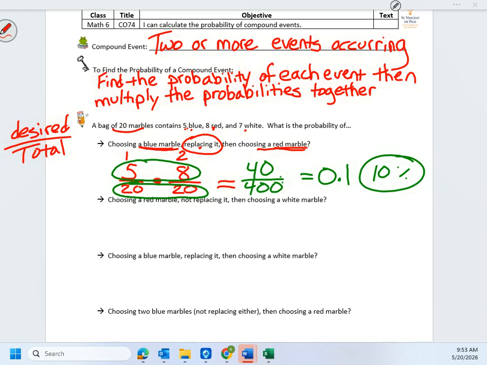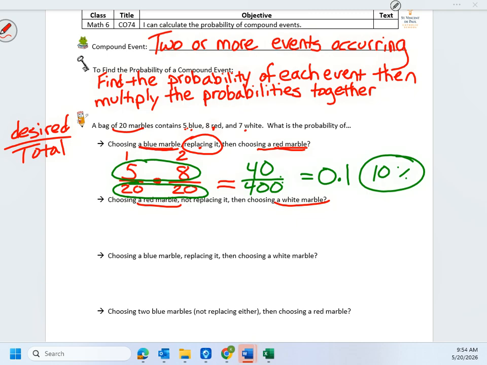Jackson, tell me what events there are. The red marble, the white marble. And that's it. Remember that replacing or not replacing isn't an event.